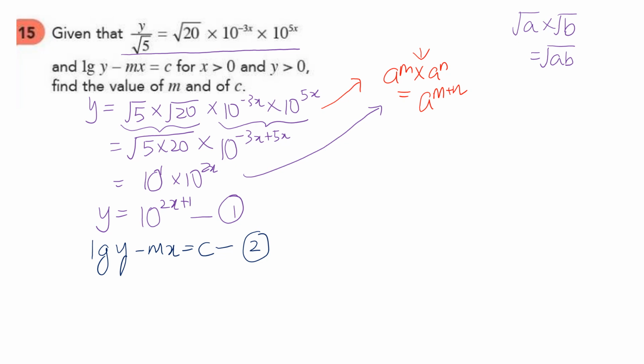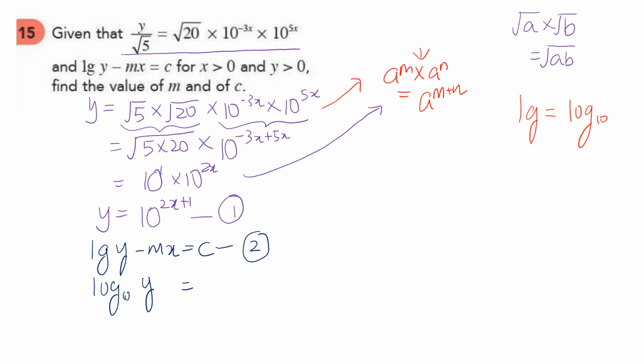But before that, we need to know that lg is the symbol for common log, which is log base 10. Therefore, lg y is log base 10 of y, and then I'm going to bring the negative mx to the other side.